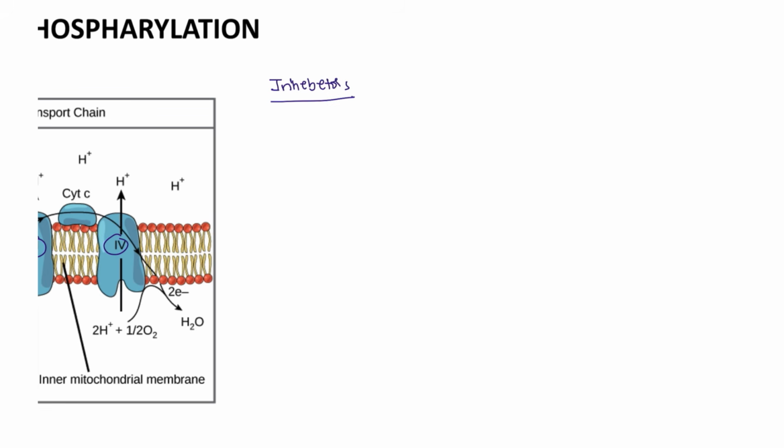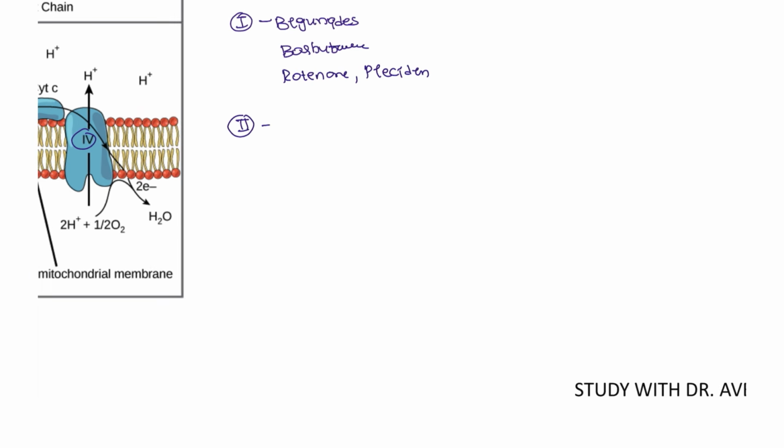In the inhibitors, we have complex 1, which is inhibited by biguanides, and also barbiturates, rotenone poison, and pyridine poison. Next, complex 2, which includes malonate and carboxin.